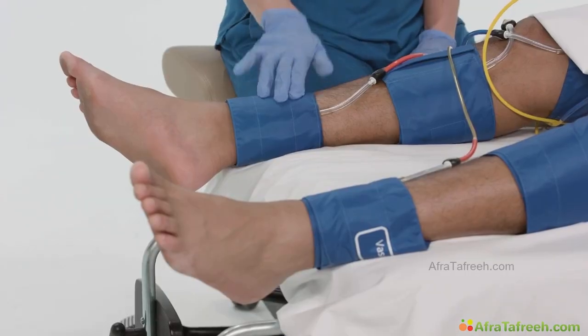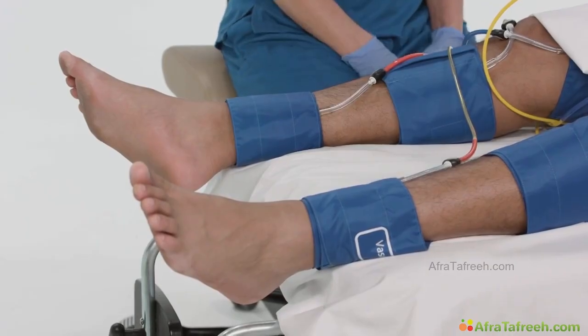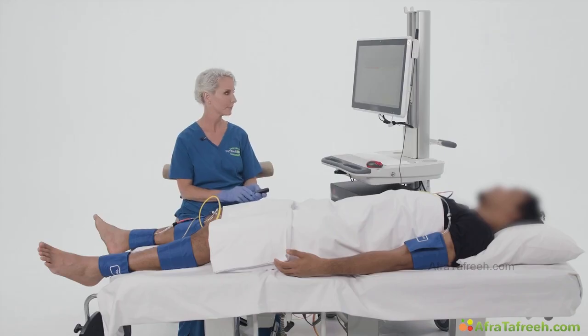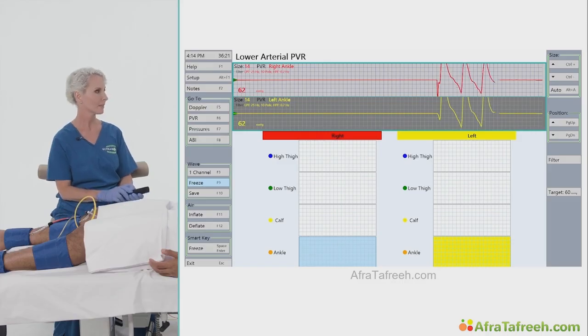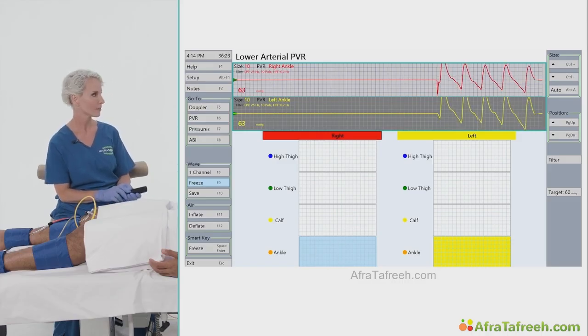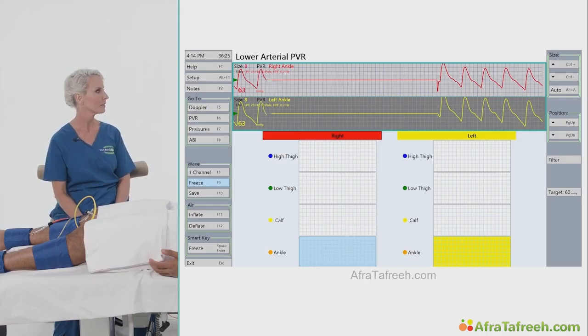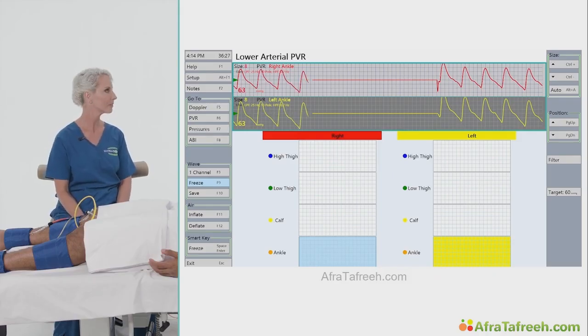Let's begin the PVR exam by inflating both ankle cuffs to 60 millimeters of mercury. I'm adjusting the size so that my waveform fits about 3/4 of the screen.